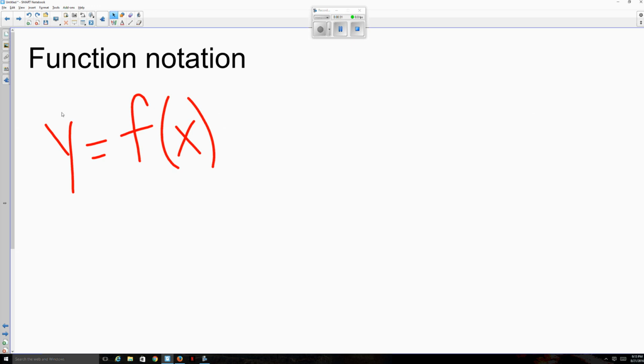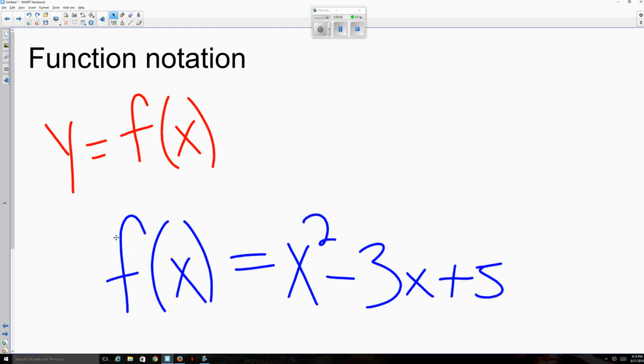As you guys know already, if we use this notation right here, f of x, that's just a representation of the y value. So let's look at an example here. Here's f of x equals x squared minus 3x plus 5. Recall what that means.